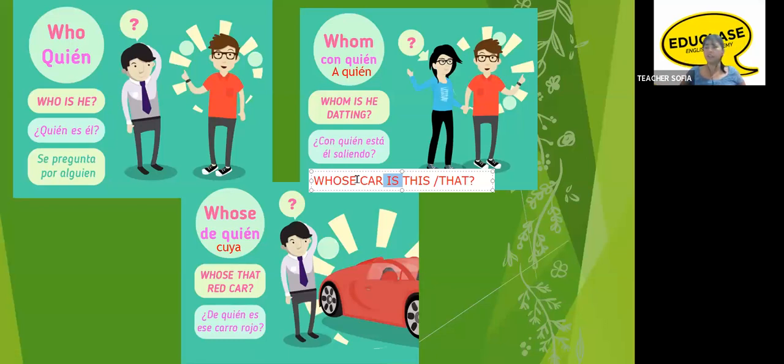It's on my desk. Or whose bag or whose backpack is this that is on my chair? So that's the order. It's simple if we think in English. If we don't try to translate and think in Spanish and then in English, we can do it in one go, okay? With the order, remember, the order.